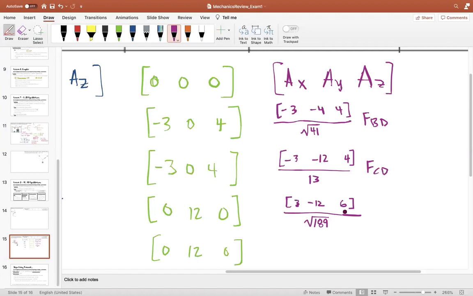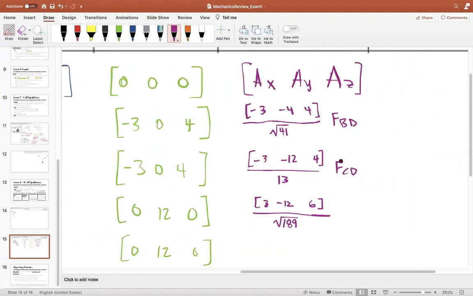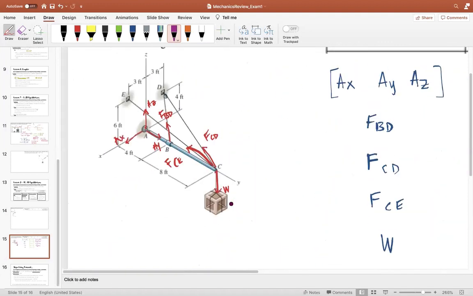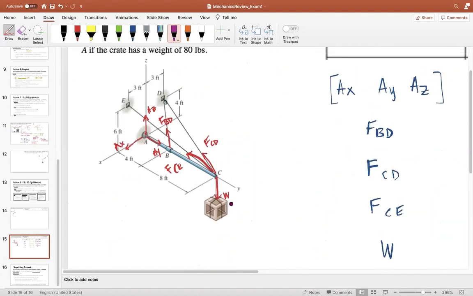Okay. All right, times FCE, right? And then the W position vector, please. 0, 0, negative 1.